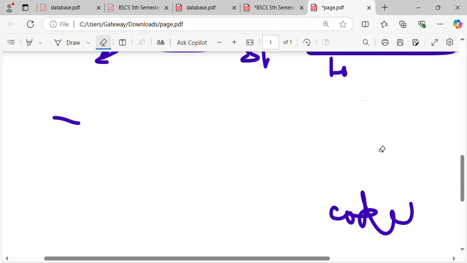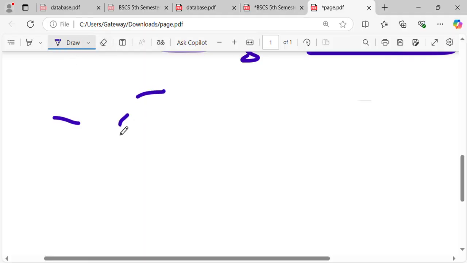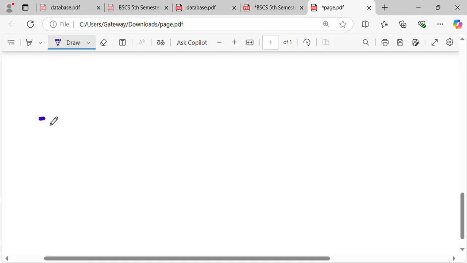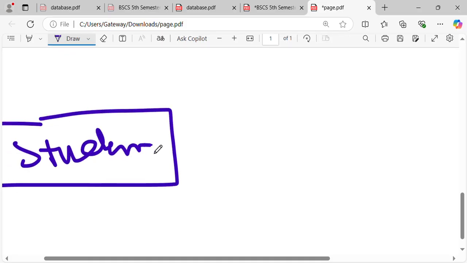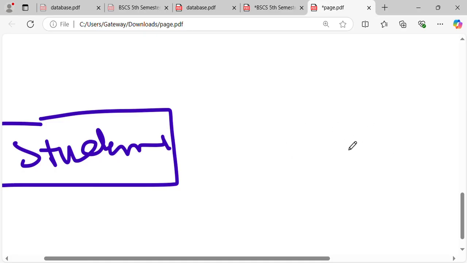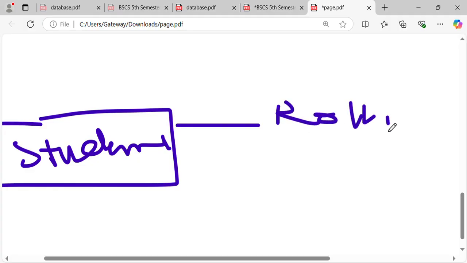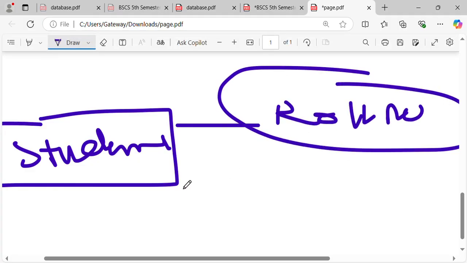Then we can have a derived attribute, where some attribute is derived from another attribute, and we draw it with a dotted oval. Okay, so for example, I have a student, and the student has roll number as an attribute, and then the student has a date of birth.